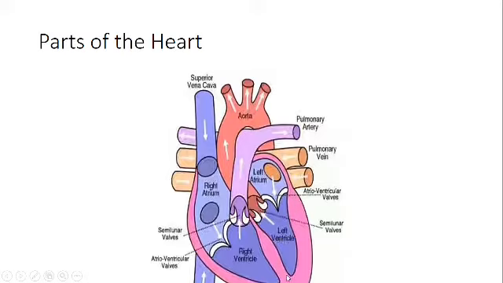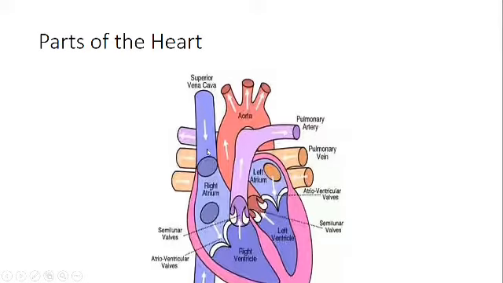The heart is divided into left and right parts by a septum. The left side pumps blood into the systemic circulation, whereas the right side pumps blood into the pulmonary circulation.